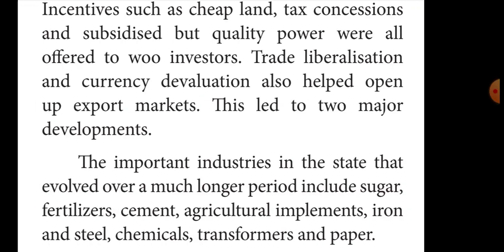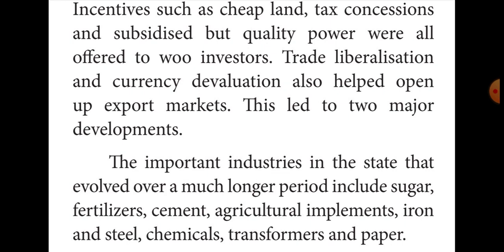For example, the sugar industry, fertilizer industry, cement industry, agricultural implements, iron and steel industry, chemical industry, transformers industry and paper industry. These are the important industries set up in Tamil Nadu.